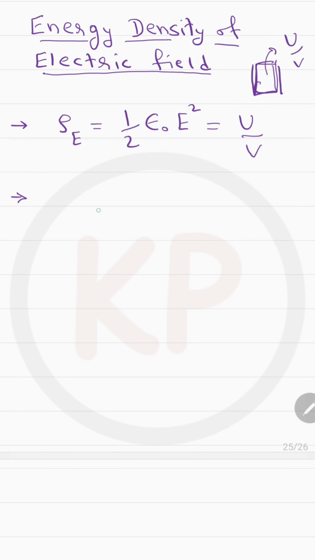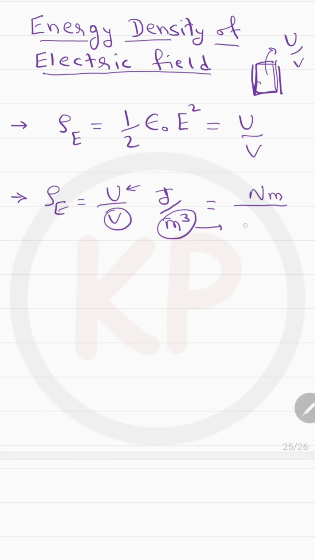Let's derive. Rho E is equal to U by V. V is volume, this is energy. Energy is joule, volume means meter cube. Joule is actually Newton into meter. And this meter cube, this will be Newton per meter square.